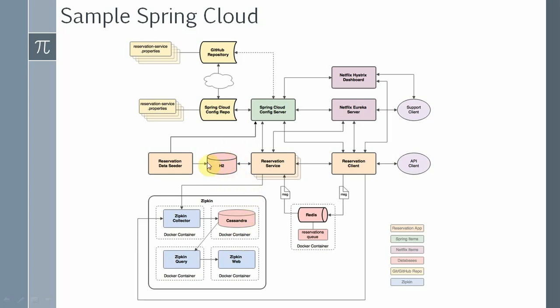And here you see another database, H2, which is a very lightweight in-memory database. Also here is Redis, a key-value in-memory database. Redis is a very famous database that is mostly used for caching data.